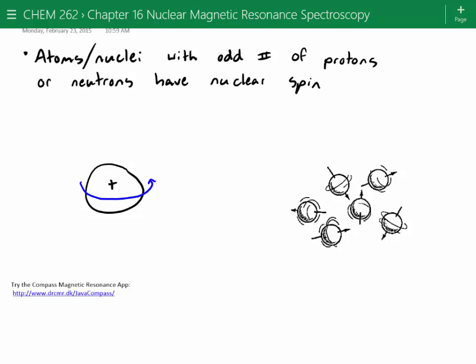If we're spinning it this direction, we're actually going to generate a magnetic field, right? Anytime you spin a charge, you get a magnetic field. If you've taken basic physics, you guys have probably covered this in E&M. If you do this, you end up getting these magnetic fields kind of forming a ring around your atom or your nucleus.